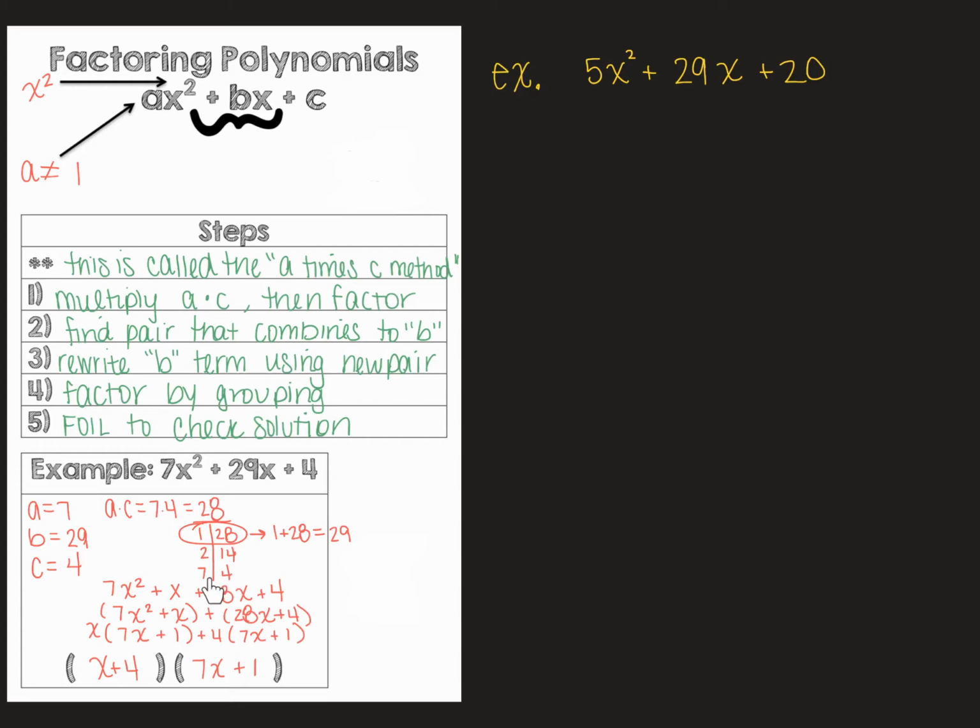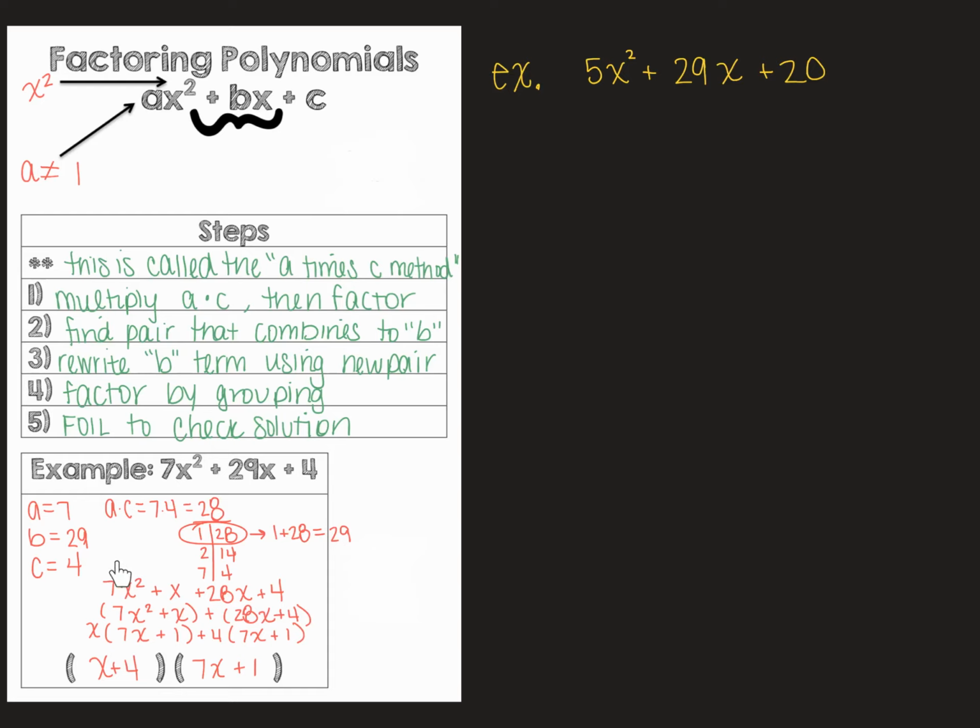Now if I look at these, they need to combine to our b value. 28 is a positive number, which means that my factors are either both going to be positive or both going to be negative. So to get any pair of these to equal 29, I'm going to need to add them. And if you look, 1 and 28 will combine to give you 29.